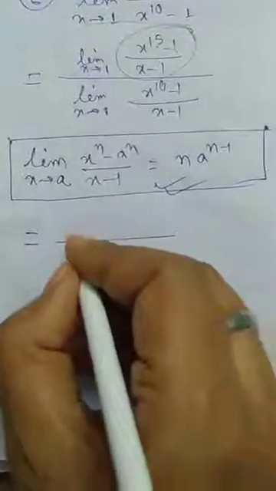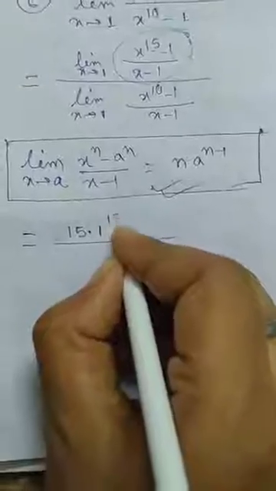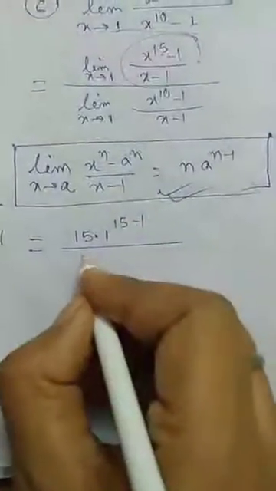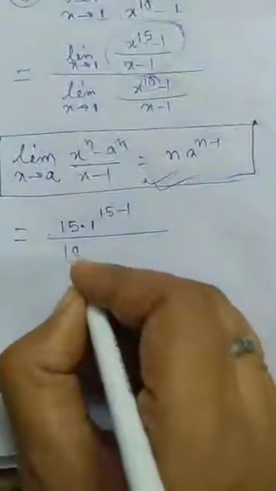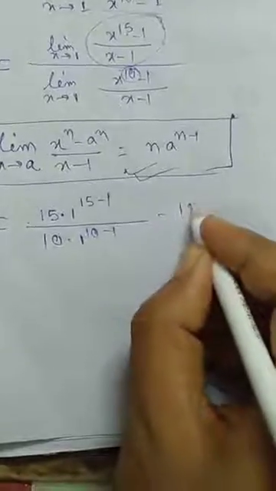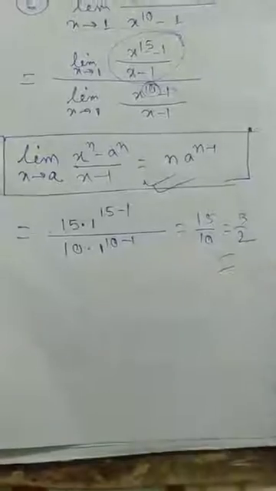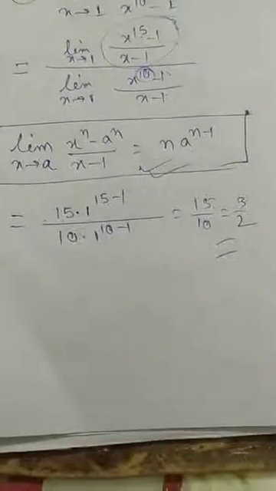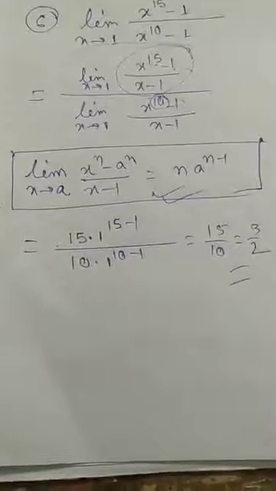For this, n is equal to 15 and a is equal to 1. So directly we write 15 into 1 to the power 15 minus 1, and here n is equal to 10, so 10 into 1 to the power 10 minus 1. That means 15 by 10 is equal to 3 by 2. Therefore 3 by 2 is the answer, and this is a very, very important problem, a previous year problem of JEE.